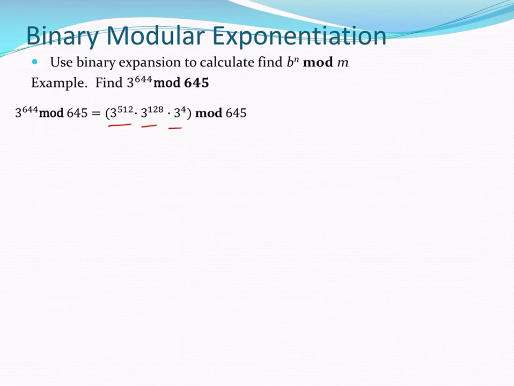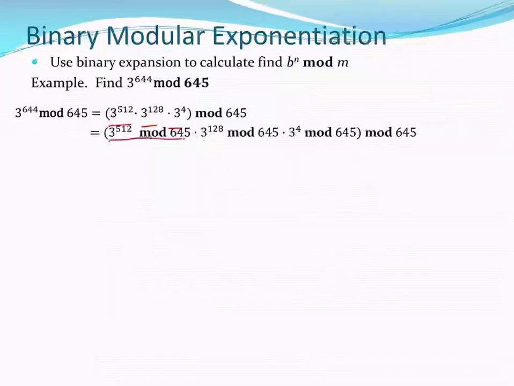And as we said, we can take the modulus of any factor inside the argument of a modulus, and the result stays the same. So I've got 3 to the 512 mod 645, 3 to the 128 mod 645, and 3 to the 4 mod 645. First we have to calculate each of these, and it's not necessarily straightforward how to do it, but it will become clear in just a moment.